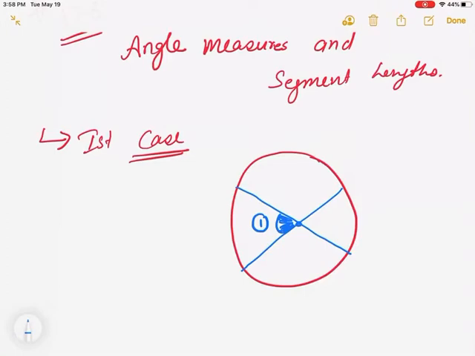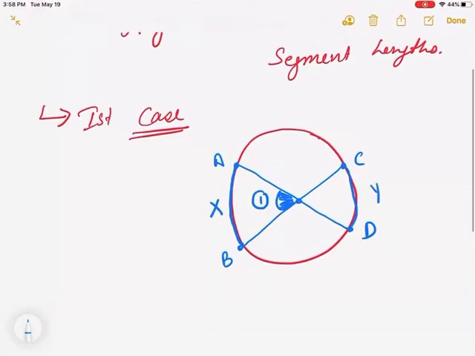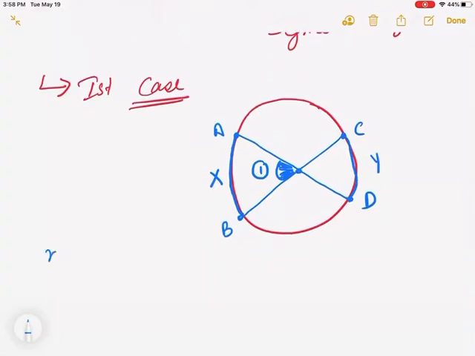So let's say this is A, this is B, this is C, and D. Or let me just say this entire arc is X units long and this is Y units long. So in order to solve for angle 1, the measure of angle 1 would be equal to half of the sum of X and Y. So basically you just have to add those intercepted arc measures and take half. That would be the angle at the intersection point inside the circle.